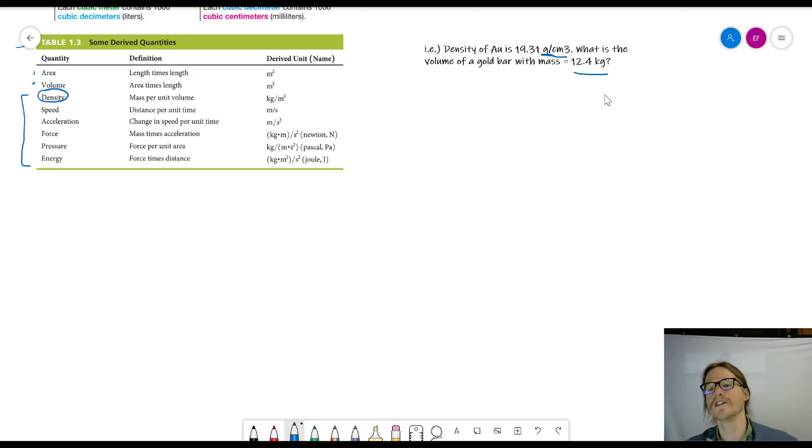Okay, so we need to use dimensional analysis again, and we need to sort of think backwards. So we've got this thing that has a mass. So we've got a mass of 12.4 kilograms, and what we want to get to is a volume, and that volume is going to have units here of cubic centimeters, but we don't know what that is.